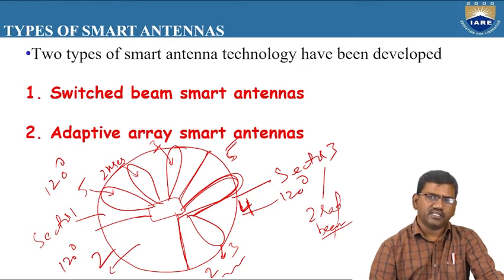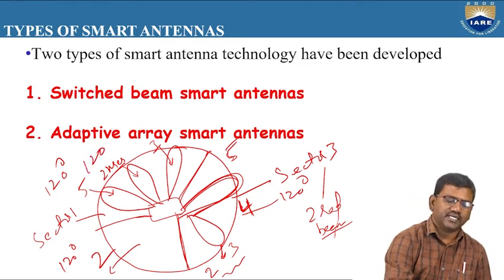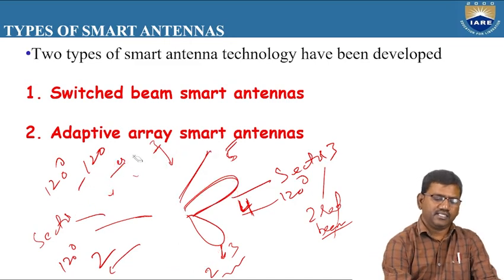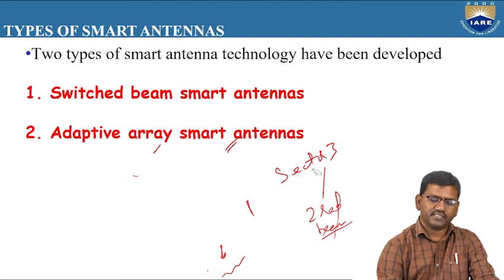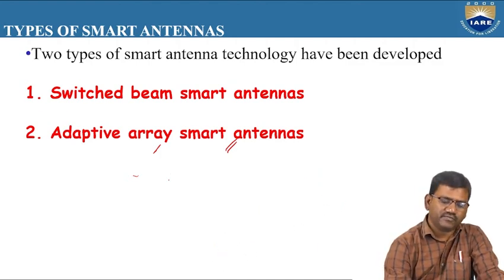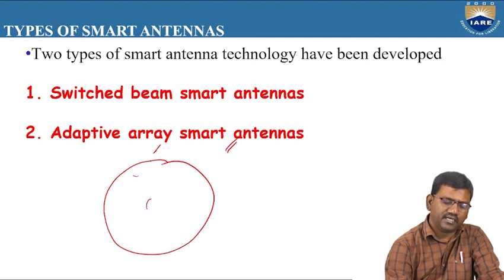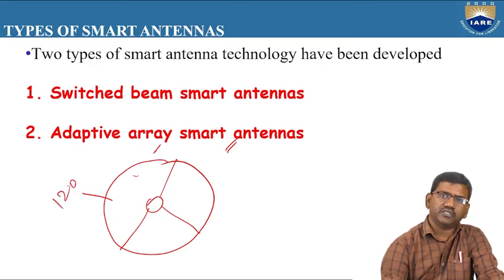So one of the basic disadvantages, if there are, suppose, 120 users in this sector, let us take another example. What is the main disadvantage of these predefined beam patterns? Here in a switched beam smart antenna system, suppose this is the antenna array, this sector can be used by only 120 users.